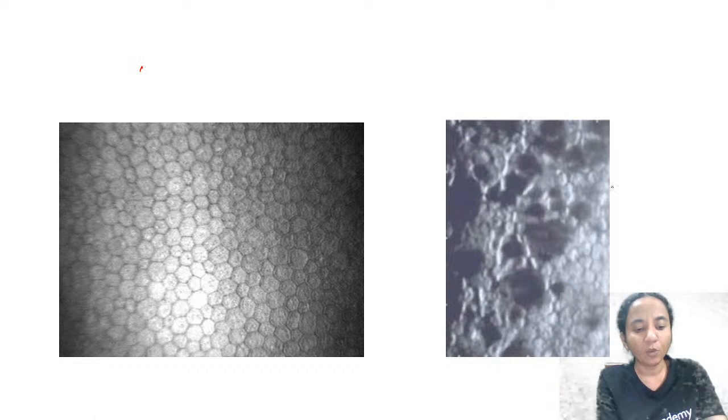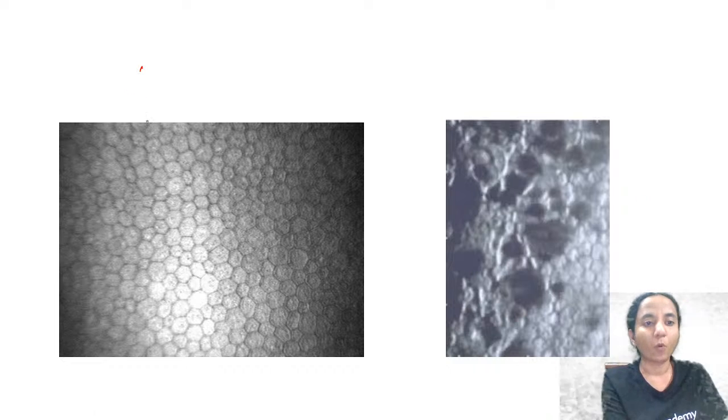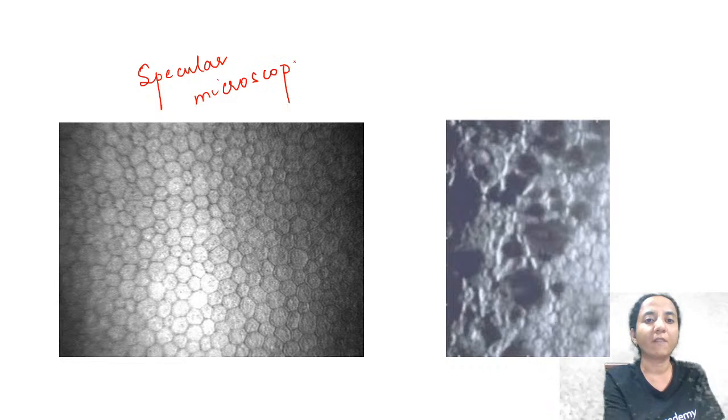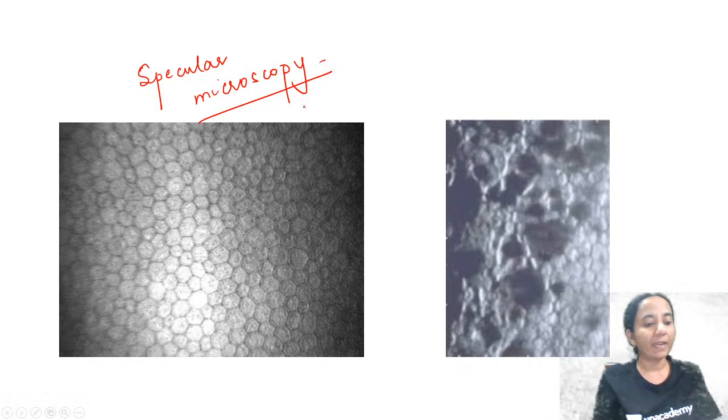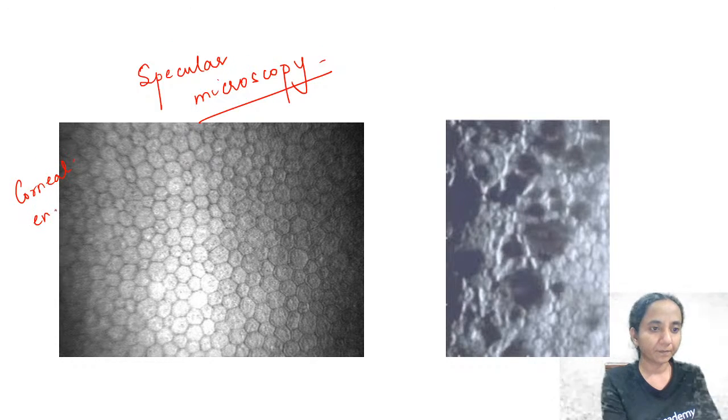Now, what is specular microscopy used to evaluate? Specular microscopy is an investigation used for evaluation of the corneal endothelium.